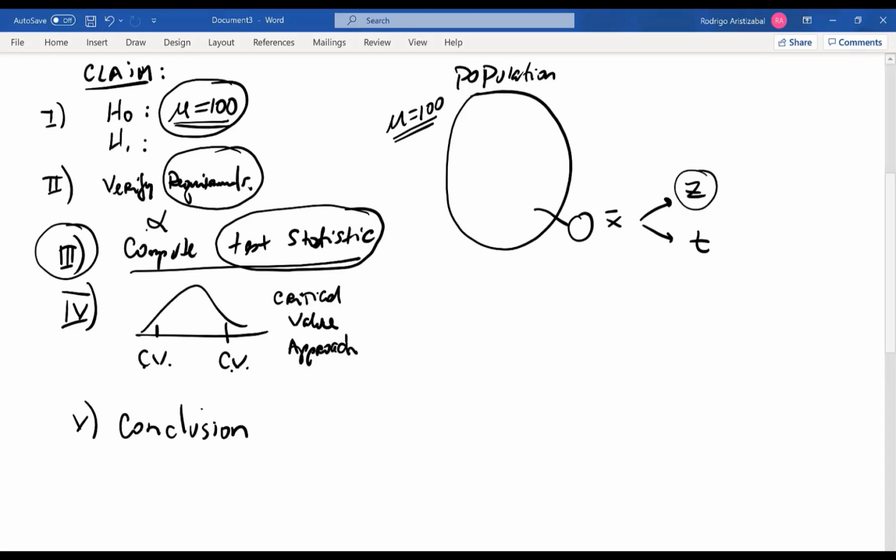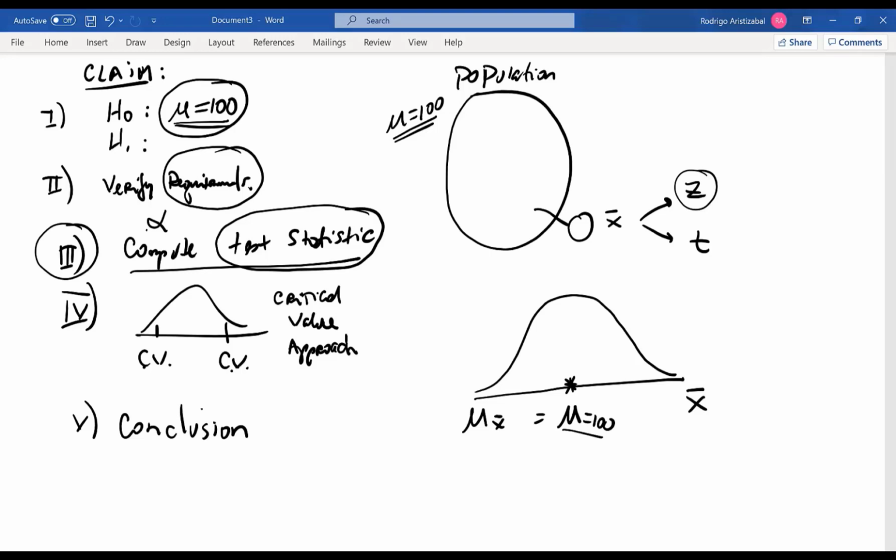Remember the definition of z-score. The z-score of one value is the number of standard deviations that this value is from the center or the mean. In our expectation, all sample means follow a normal distribution with the center being, in our example, 100. This is the mean of all sample means, and the standard deviation of all sample means is given by the standard deviation of the population divided by the square root of my sample size.